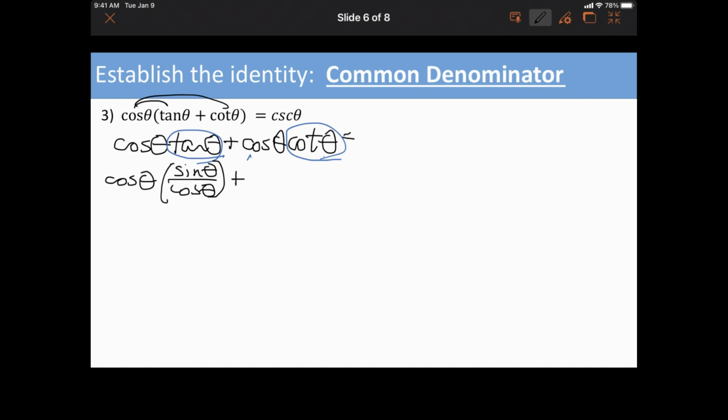And then this is going to be cosine theta, and this is going to be cosine theta over sine. So you're going to say, oh, Mr. Doza, these can go. All right. So I have sine theta plus cosine squared theta over sine.